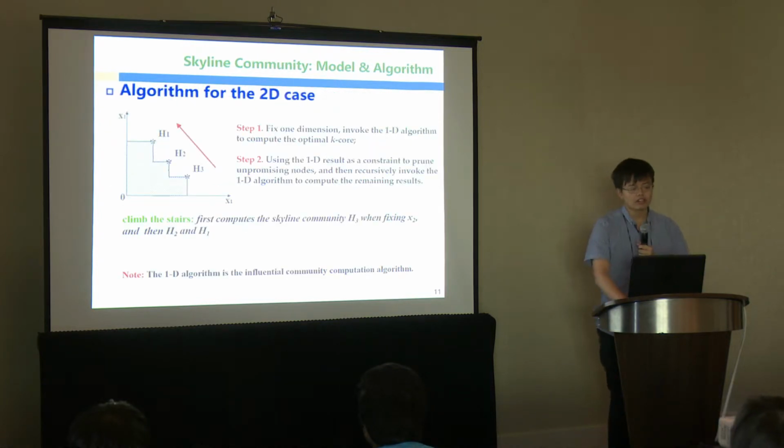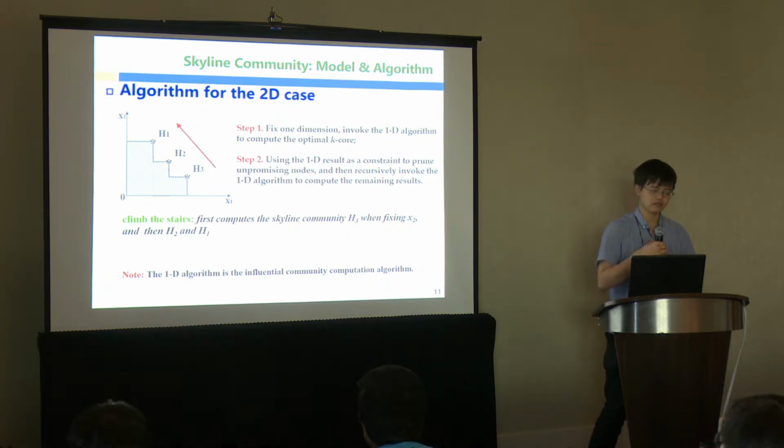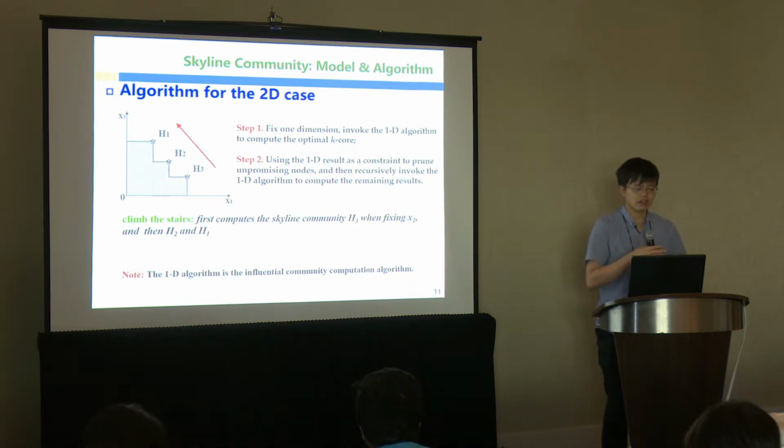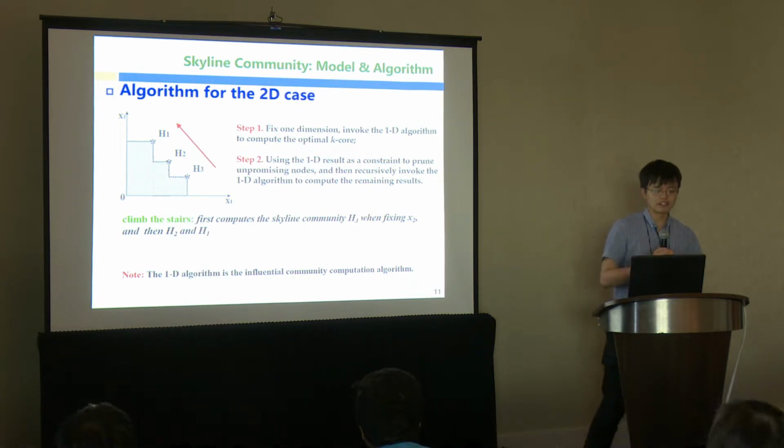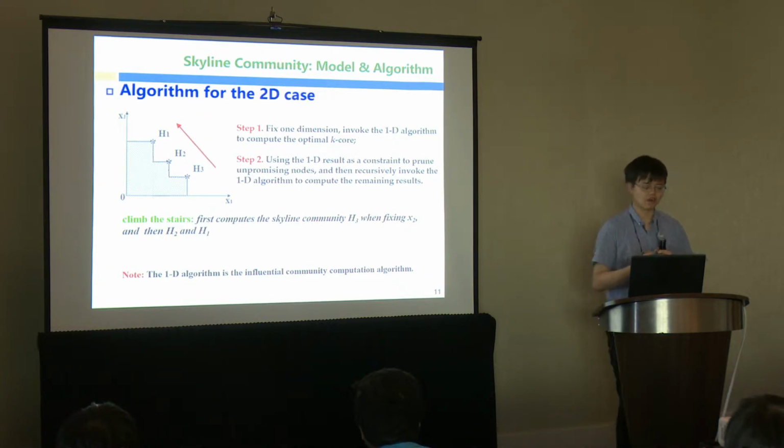At first, I will give the basic algorithm, which is the 2D algorithm for the problem. The 2D algorithm has 2 steps. At first, we fix 1 dimension and invoke the one-dimension algorithm to compute the optimal K-core. When we finish the 1D algorithm, we can constrain and prune the unpromising nodes and recursively invoke the 1D algorithm.